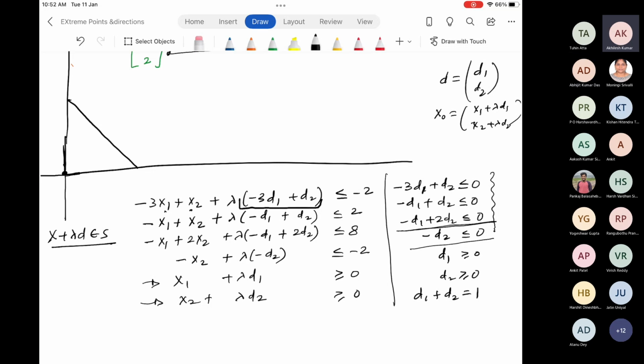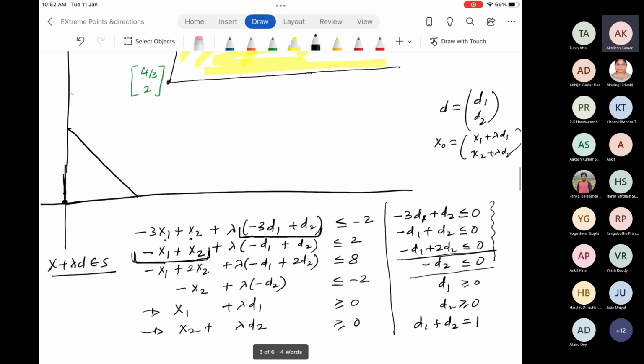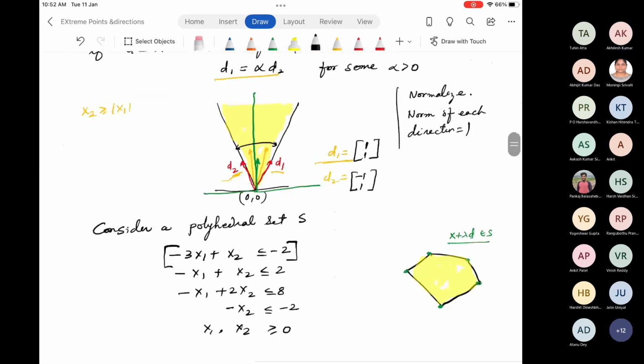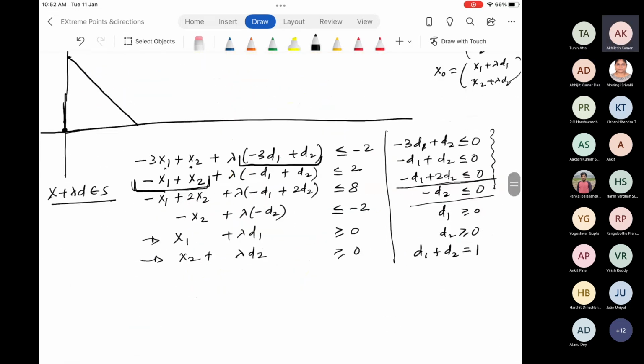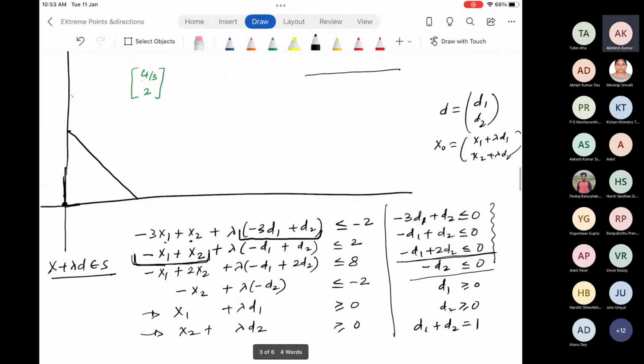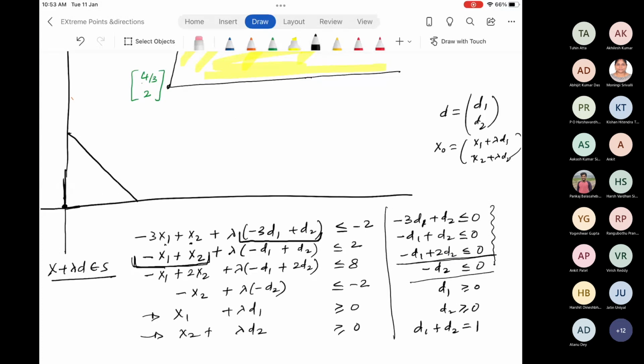From the equations, minus x1 plus x2 is already less than or equal to 2. Okay, sir. This is how the polyhedral set has been defined, right? Yes, sir. Even though it is possible, minus x1 plus x2 is less than or equal to 2 given. If I took 1 for this, plus lambda into some minus d1 plus d2 can be greater than 0 even.